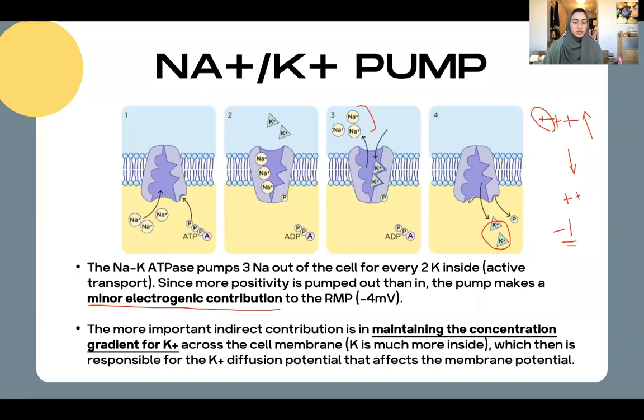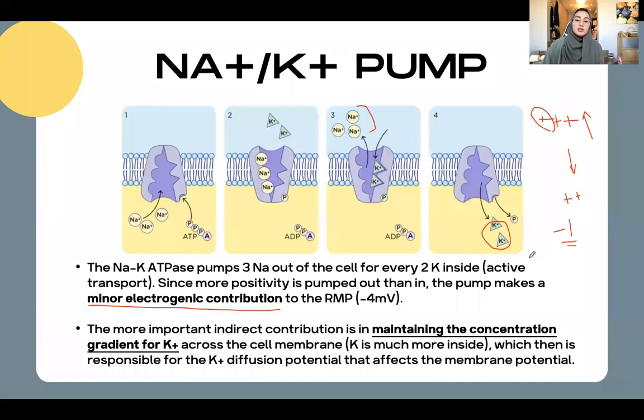And from the whole lecture we've been learning that potassium is more concentrated inside, right? Sodium is more concentrated outside. That's why this is active transport. So when you have more potassium inside, this is going to create your chemical gradient, right? So that's going to cause potassium to want to go outside by simple diffusion.